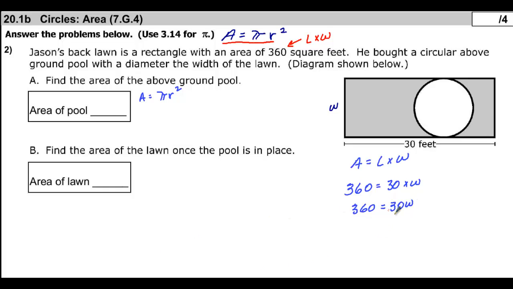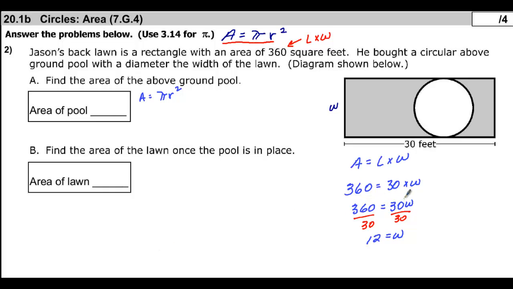And we're going to solve for W. And the way we do that is we divide each side by the coefficient. Notice how all these skills we've been learning throughout the year are coming together. 360 divided by 30 is 12, and that equals W.